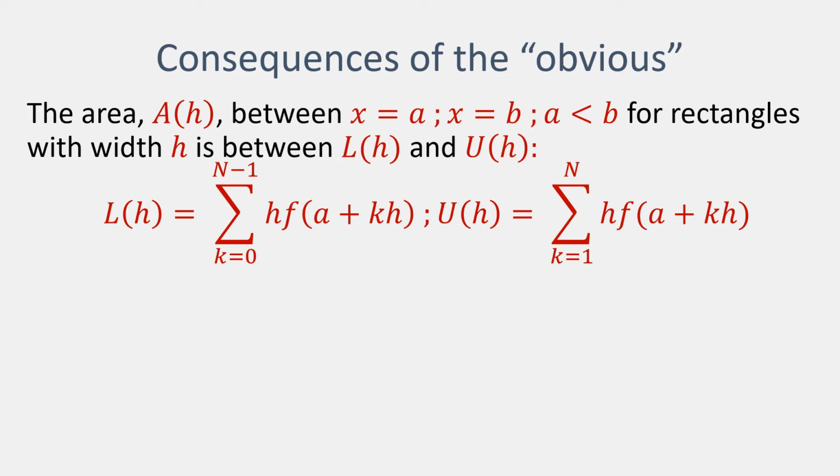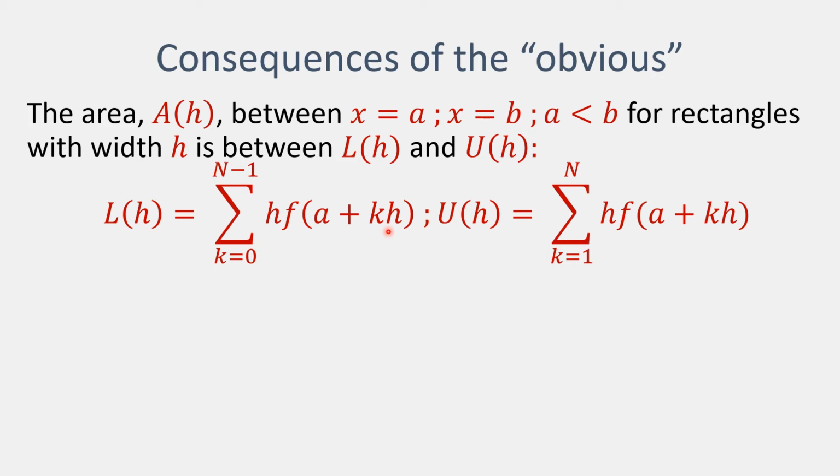And those lower and upper bounds are given by those two perhaps rather horrible looking summations. So what do we have? The lower bound, we add up over all of the rectangles we're going to be looking at, starting from 0 up to the upper limit minus 1, the width of that rectangle base, h, multiplied by the value of the function at the starting point plus k multiplied by h.